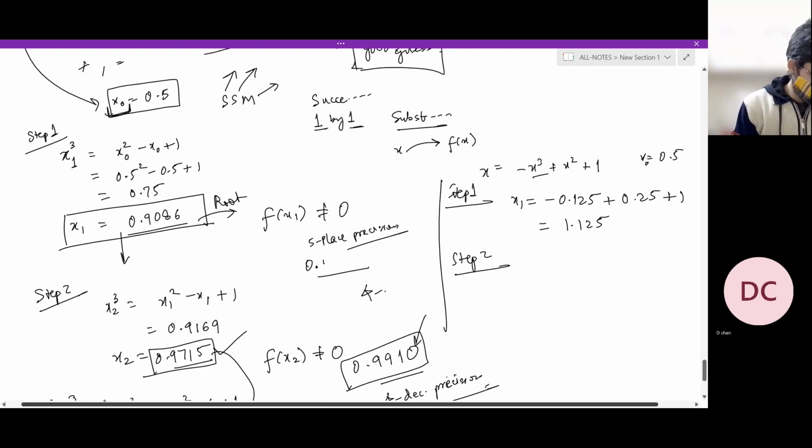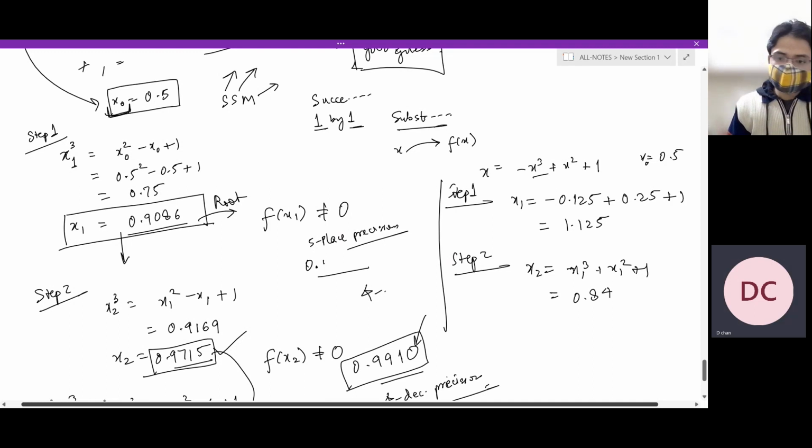X squared plus 1. Yeah, for 1.125. So if you do this now, x2 equals minus x1 cubed plus x1 squared plus 1, equal to something like 0.8418.